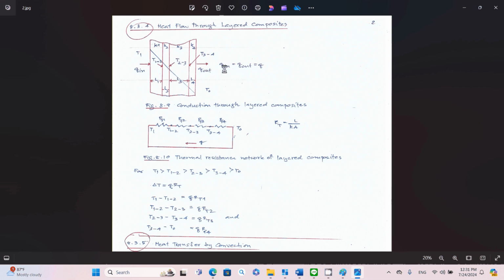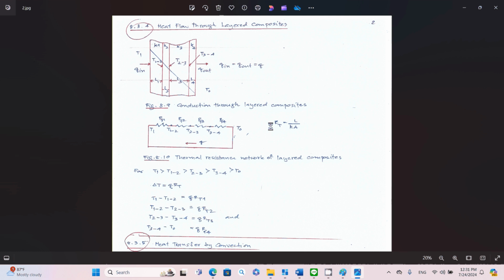Of course, Q out is equal to Q in, and you can write your thermal resistance network. They are all in series. You have RT1, RT2, RT3, and RT4, and of course you have different junction temperatures. And then you have Q flowing through the thermal circuit.